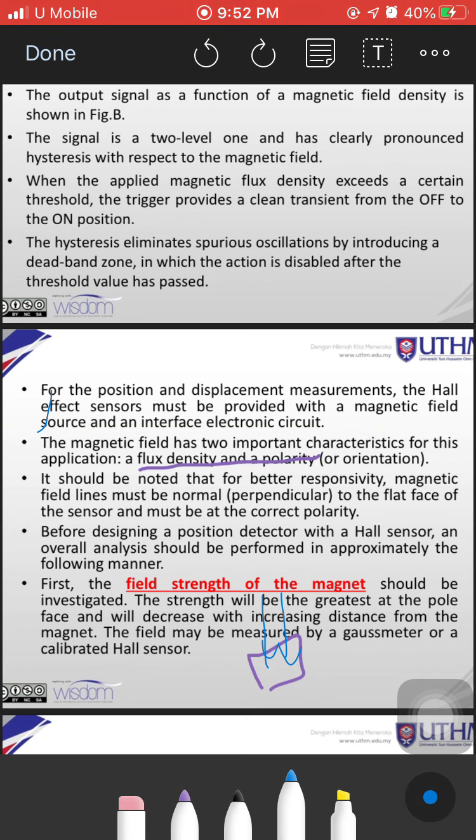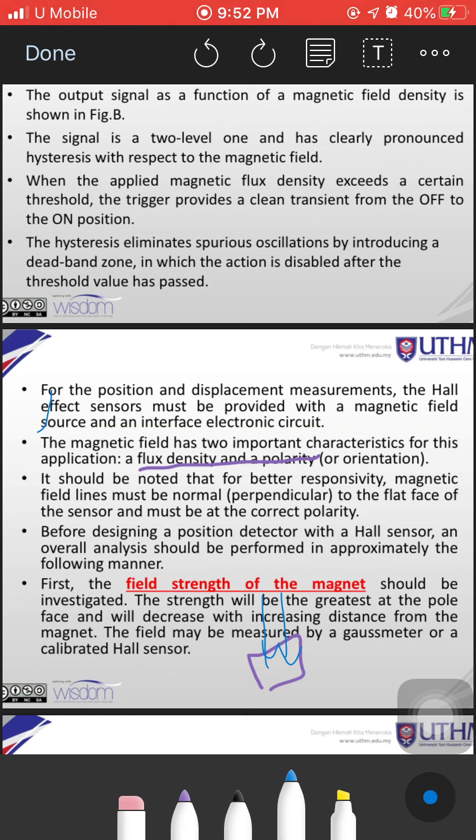Okay, so the field strength of the magnet should be investigated before we design a sensor. The strength is greatest at the pole face, and it will decrease as we increase the distance from the magnet.